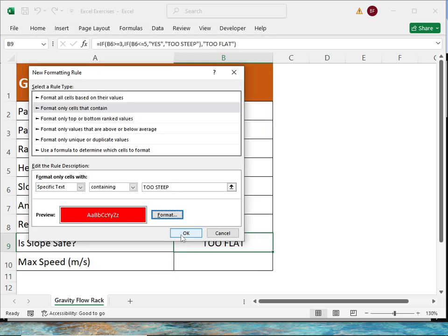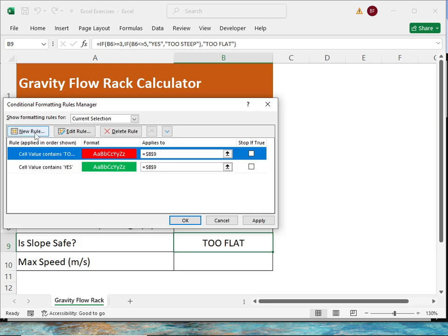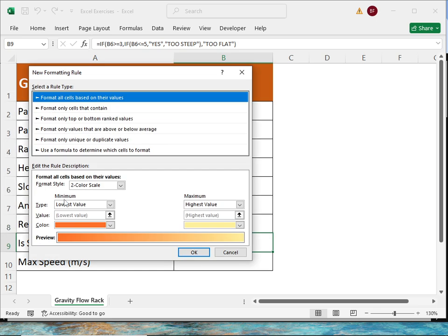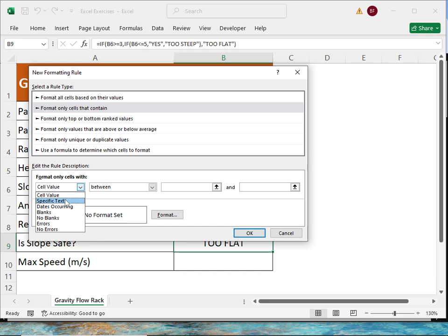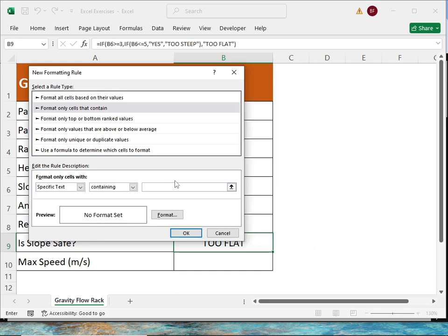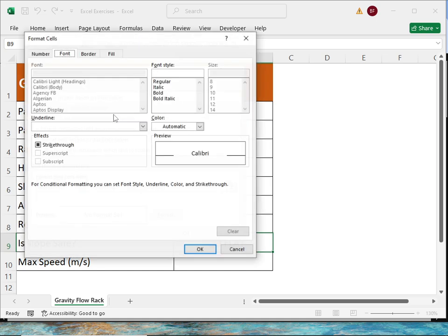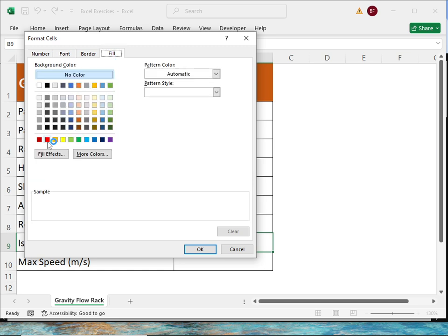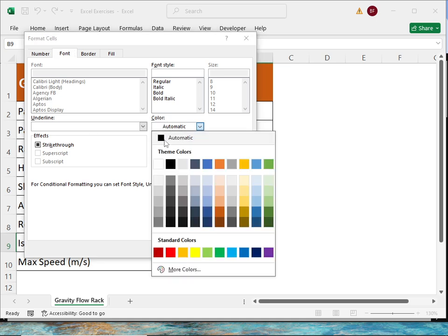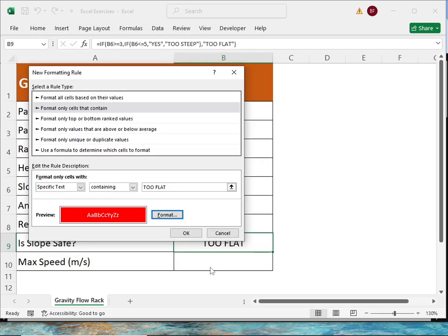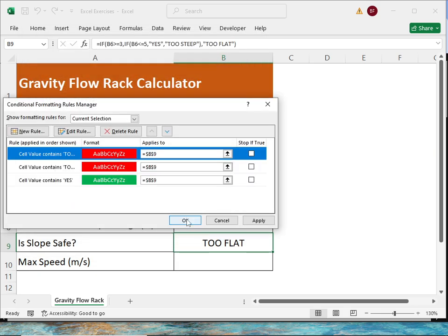Then click OK. Then I add a new rule, the third one: format only cells that contain specific text, and it would be TOO FLAT. Again the same red fill and white font. Then click OK.